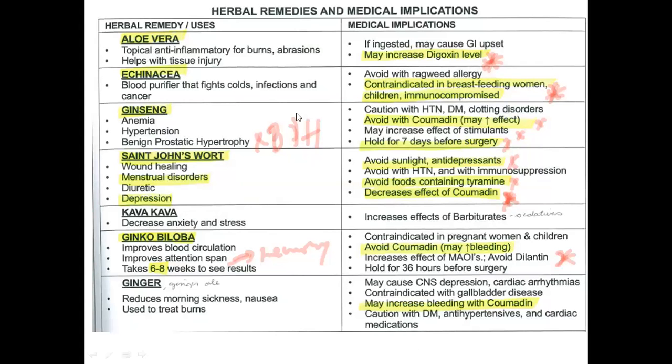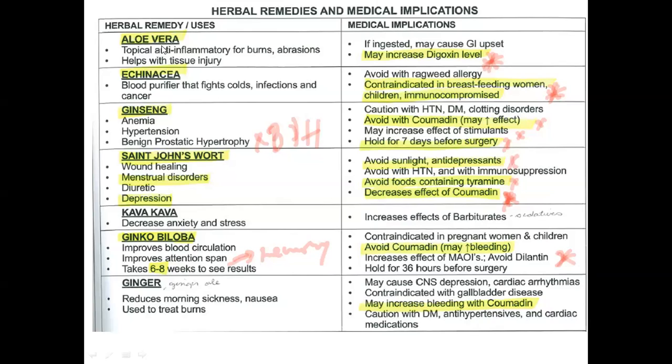These boxes basically help you understand more and also help in answering questions on the NCLEX board, right? Here you can get the name of the herbal medicine, and here you can get the medical implication or indication.